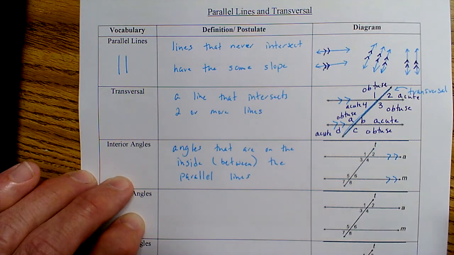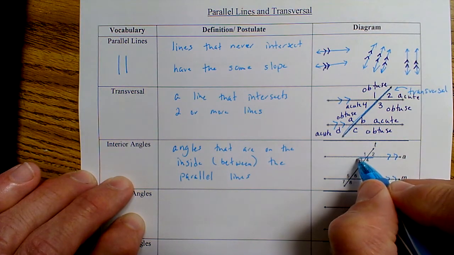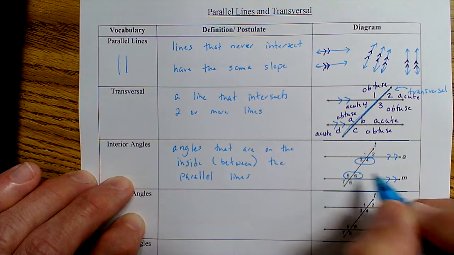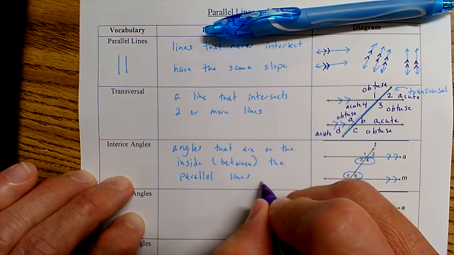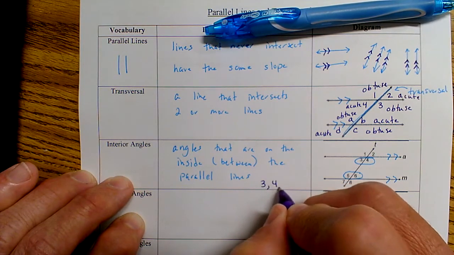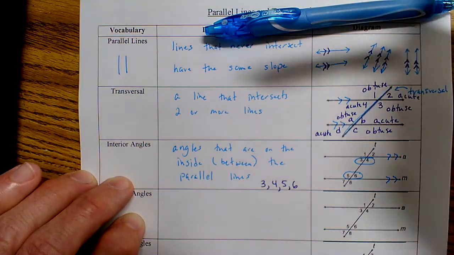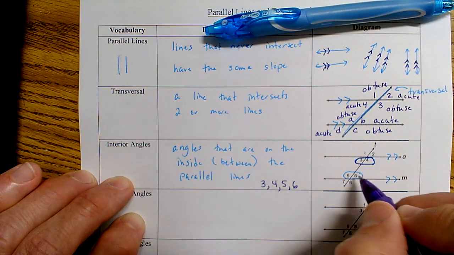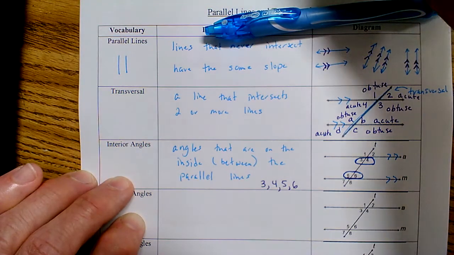I'll put the markings in there to say they are. Angles that are on the inside or between would be angles 3 and 4 and angles 5 and 6. And I'll write these over here. So the example, angles 3 and 4, 5 and 6 are interior angles. Circle it with purple as I drew it with purple.